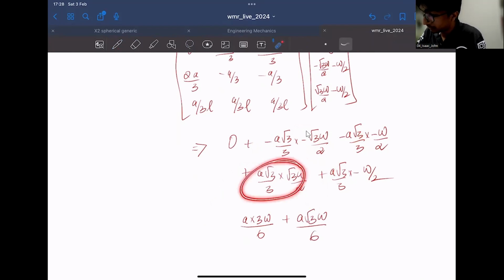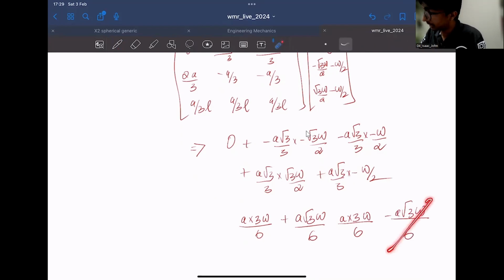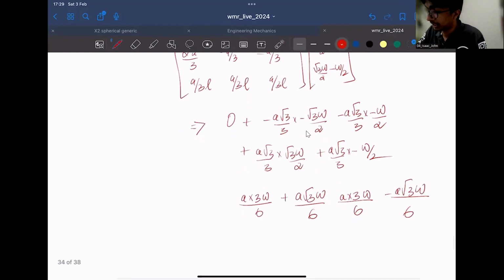Then this term, a times 3 omega by 6, then plus this term, minus a root 3 omega by 6. So I think this term and this term will get cancelled. At the end, we'll get a times 3 omega into 2 by 6. So it becomes a omega.